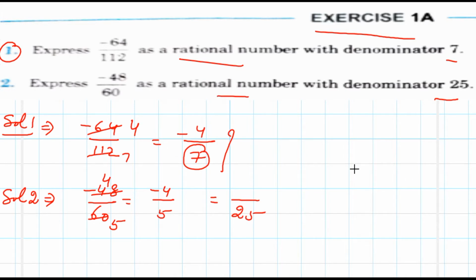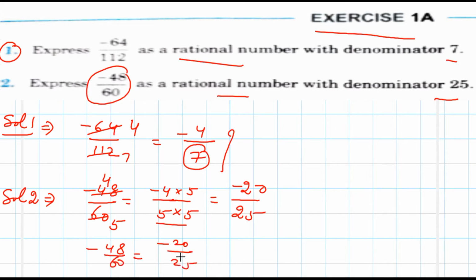So we will multiply numerator and denominator by 5. 4 5s are minus 20, 5 5s are 25. So we have expressed minus 48 upon 60 as a rational number with denominator 25, right? So this is our required answer.